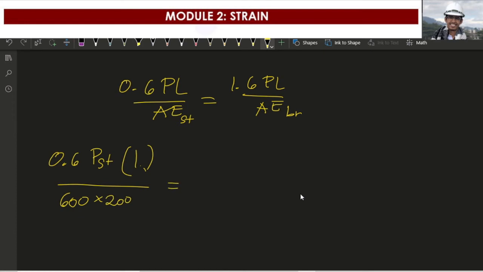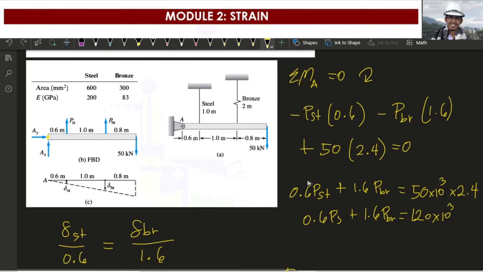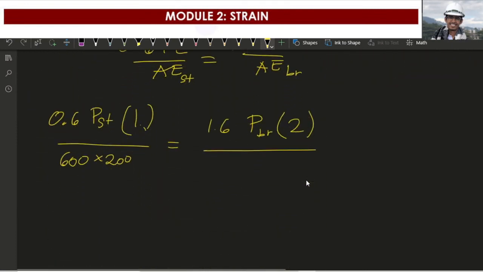So that is equal to 1.6 force ng bronze times yung length ng bronze, that is 2 meters, over yung area ng ating bronze. The area of our bronze is 300 and 83 yung kanyang E. So that will be 300 times 83.